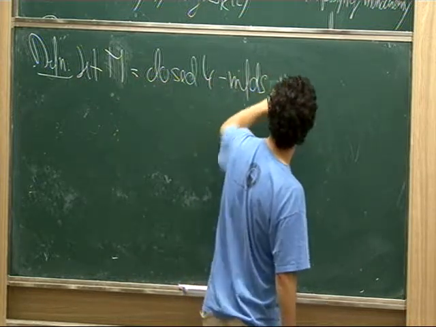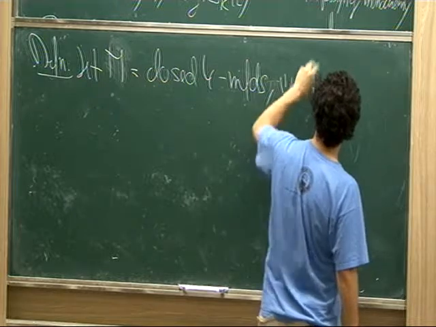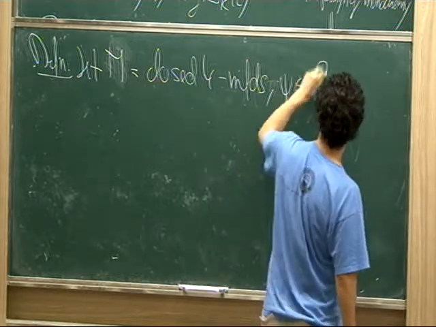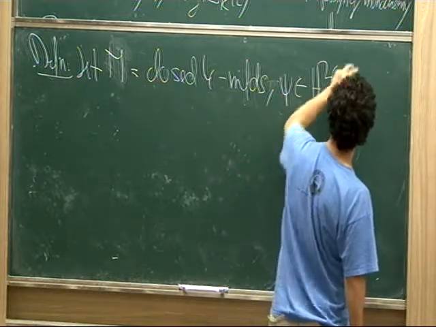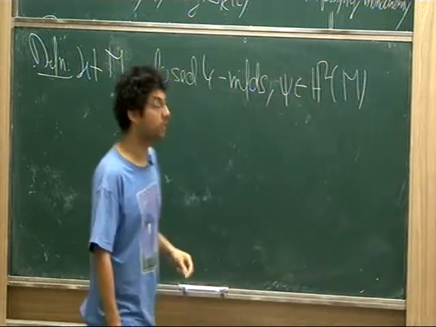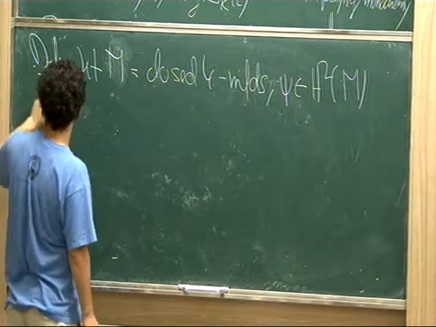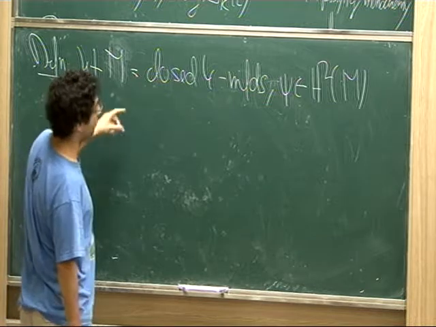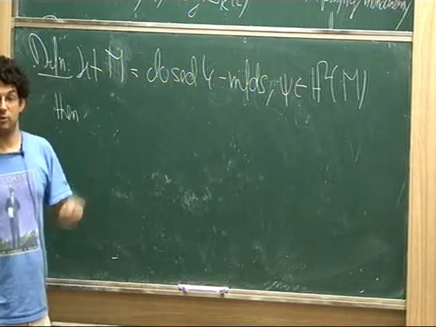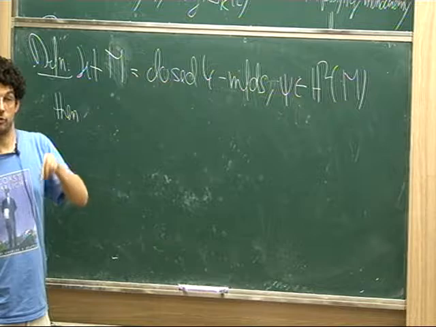And let's say you have a class C in H upper 2 of M, same as H lower 2 of M. Then you can define a complexity exactly the same way as we introduced the Thurston norm.